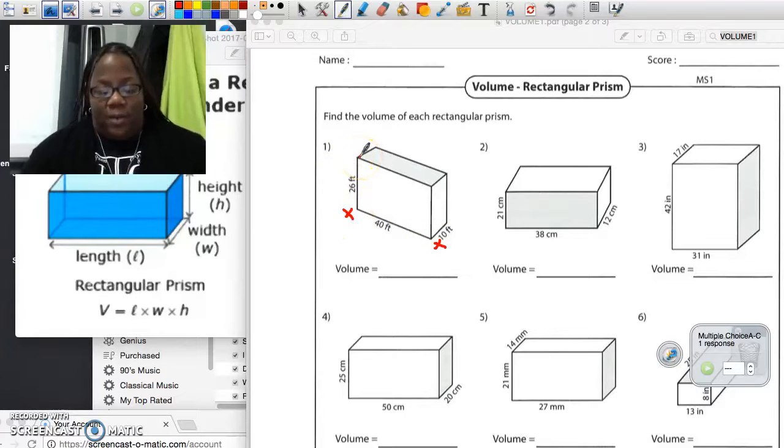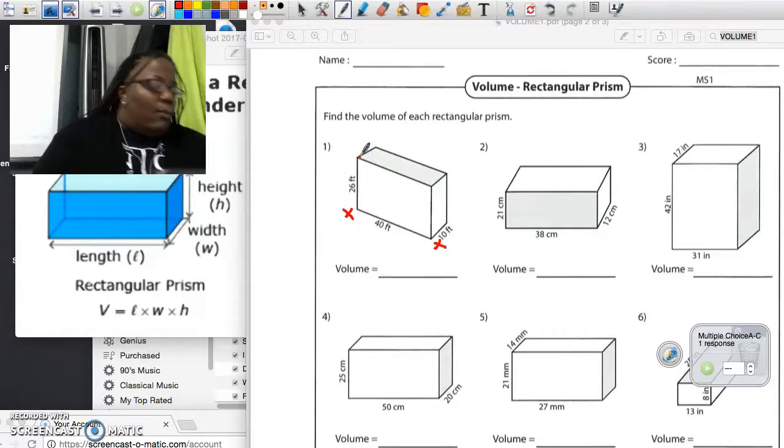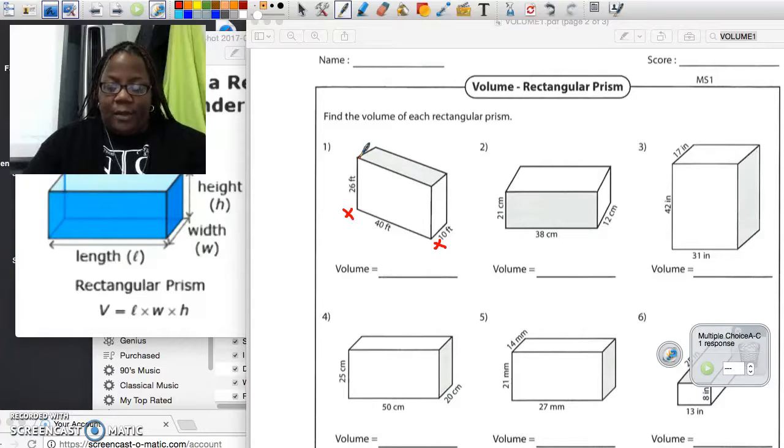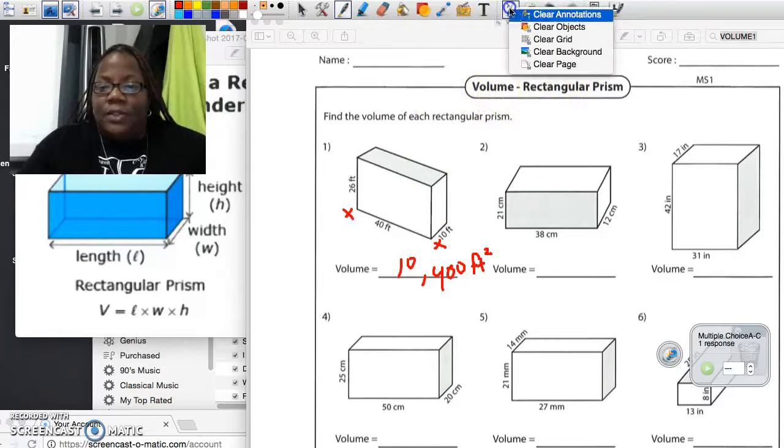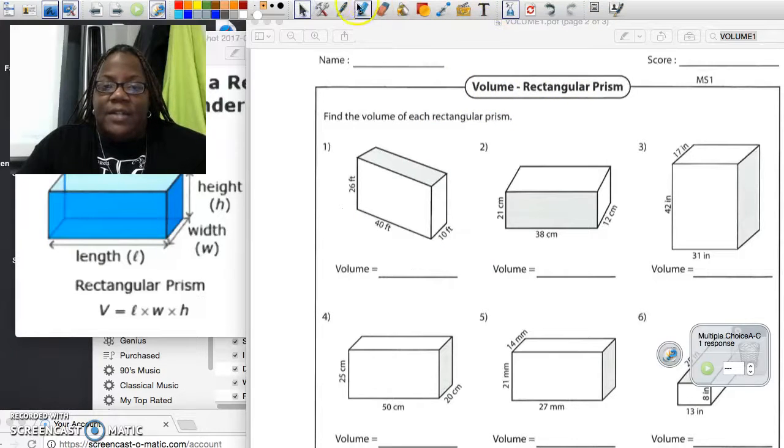Put that in a calculator and see what we got. 26 times 40 times 10, I get 10,400 feet squared. Okay, so you get the idea for that, I think.